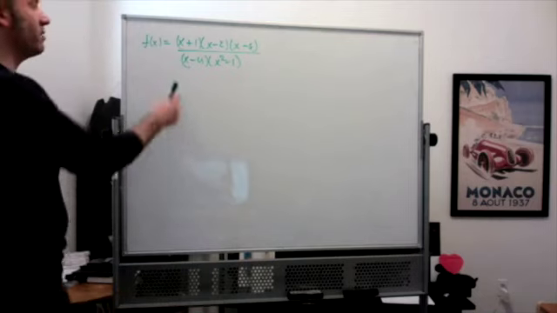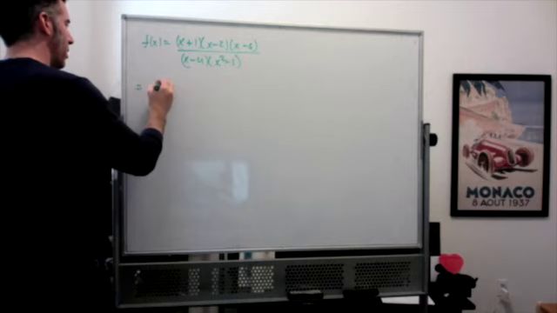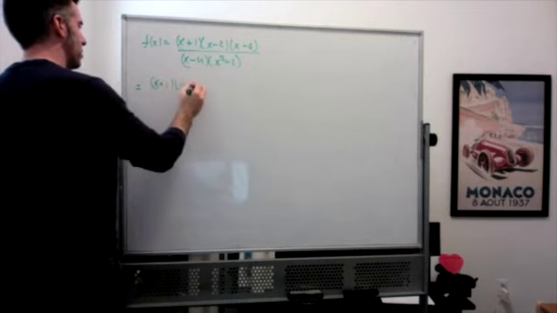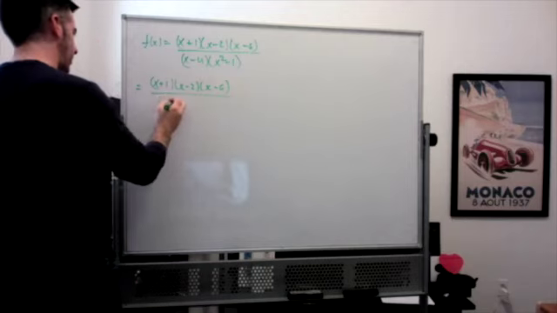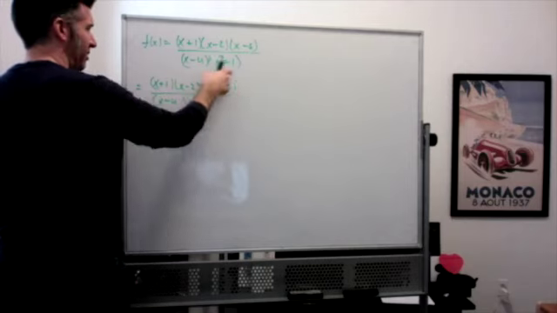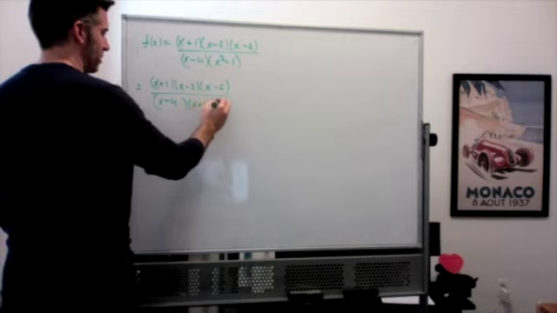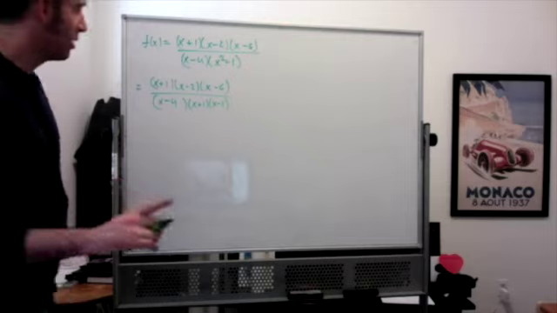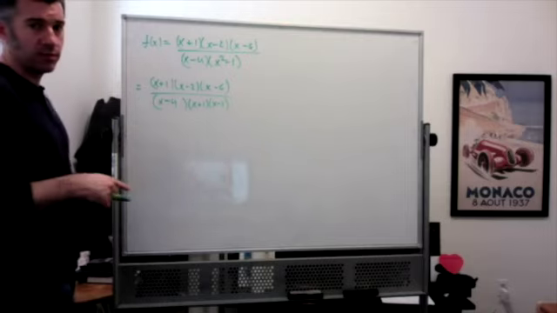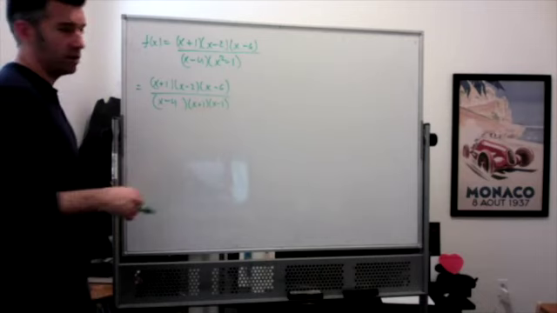So if we factor the denominator here, we get x plus 1 times x minus 2 times x minus 6 over x minus 4 times x squared minus 1 factors as x plus 1 times x minus 1.